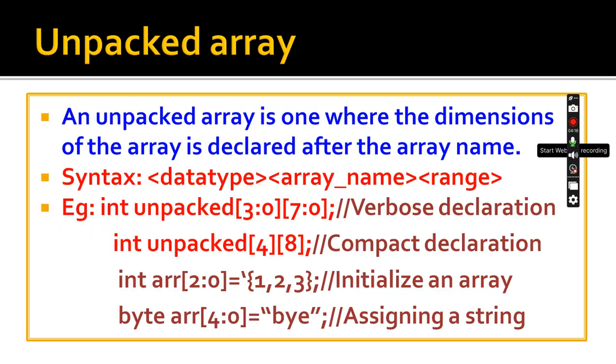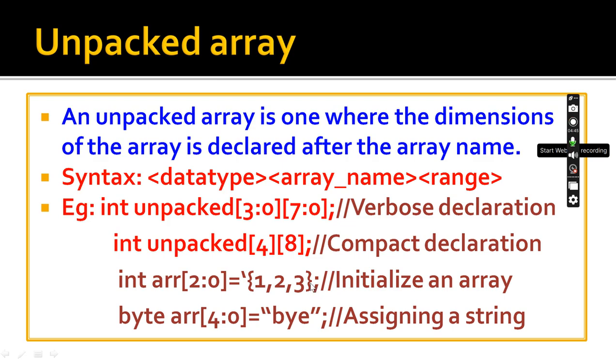Next, coming to unpacked array. An unpacked array is one in which dimensions are declared after the array name. So this is the syntax: data type, and then array name. After that, we will give the dimension or the range. This is a verbose declaration of an unpacked array. This is the compact declaration. 0 to 3, so 4 elements. 0 to 7, so 8 elements.